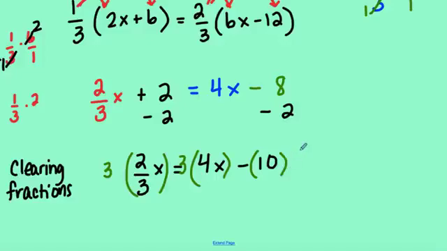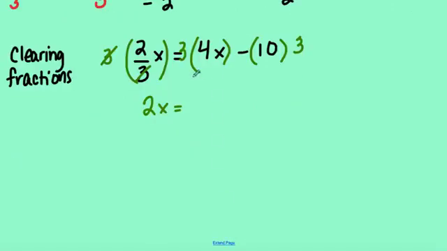When you do that, look what happens. In the first term, the 3's will cancel and you'll get 2x. Then, because whatever you do to one side of the equation, you have to do to the other, you'd have to multiply 3 times 4, which would give me 12x. And then you also have to multiply 3 times 10, which is going to give me negative 30.